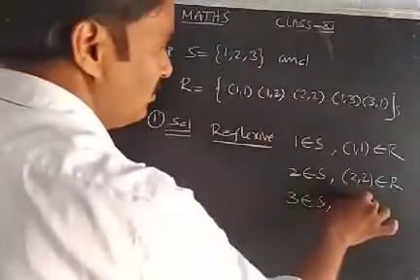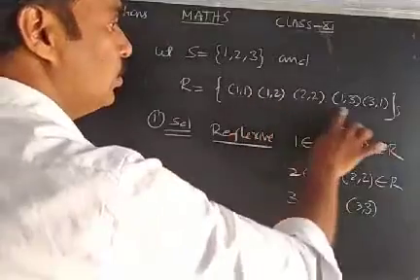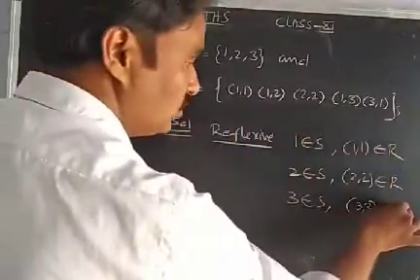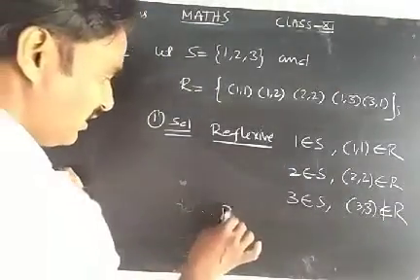Make the ordered pair (3,3). Does it belong to R? No, there is no (3,3), so it does not belong to R. Therefore R is not reflexive.